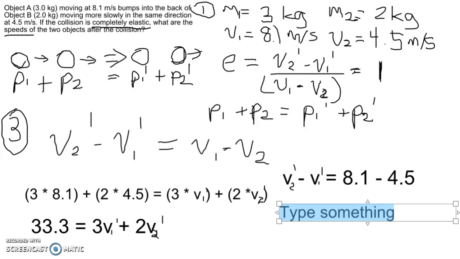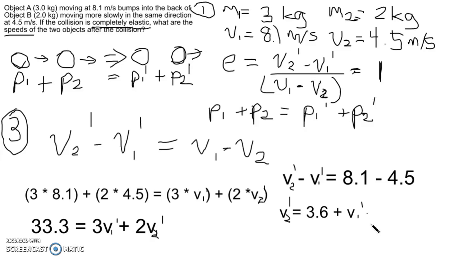Okay, so then when you subtract 4.5 from 8.1, you get 3.6, and it's that plus V1 prime. Okay, so V2 prime equals that plus V1 prime.